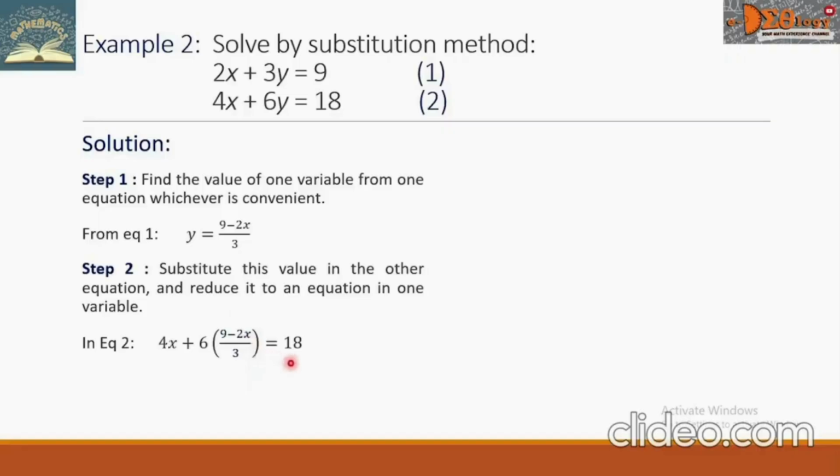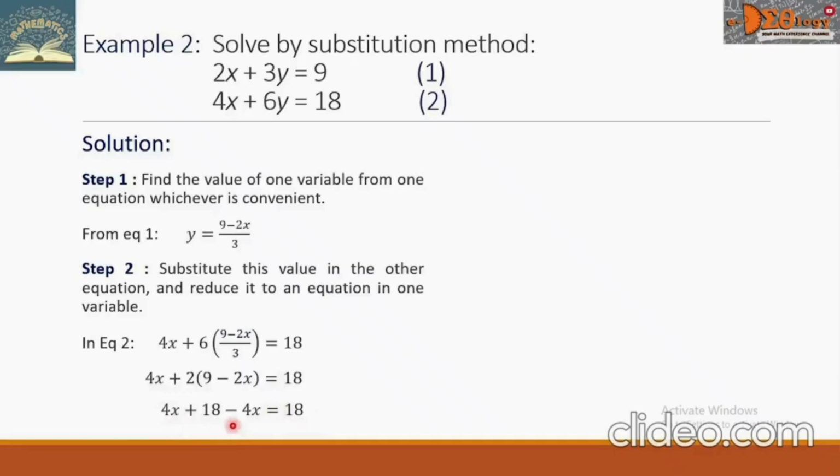Then equals 18. The denominator 3 here can be cancelled out with the number 6. So it becomes 2. Then we multiply this 2 to the 9 and to the negative 2x. So we have 18 minus 4x. We copy this 4x down here and then equals 18.